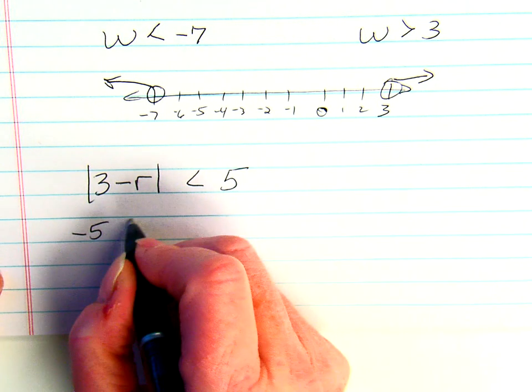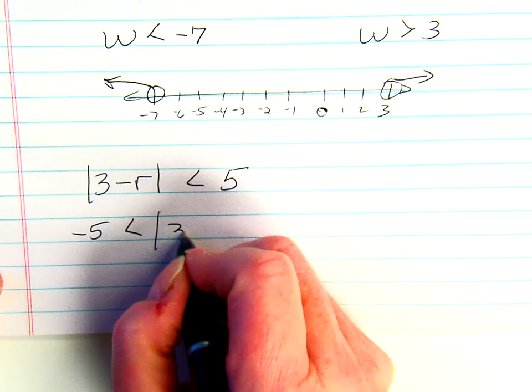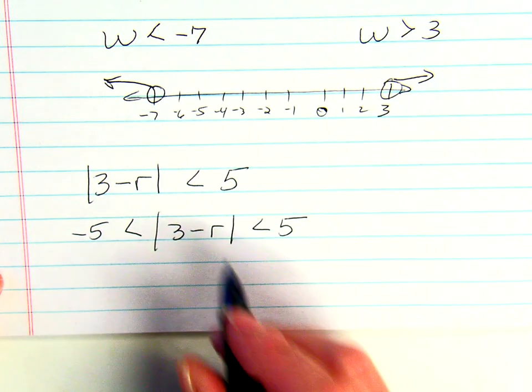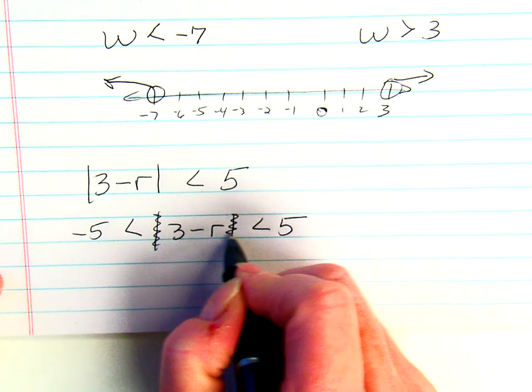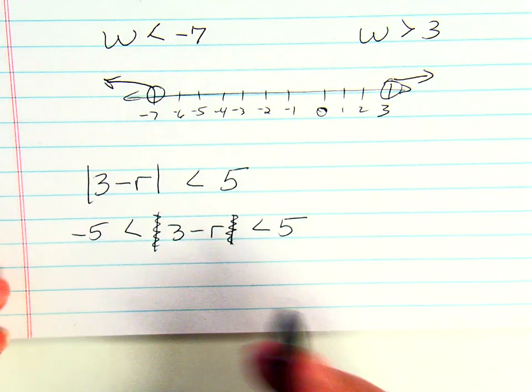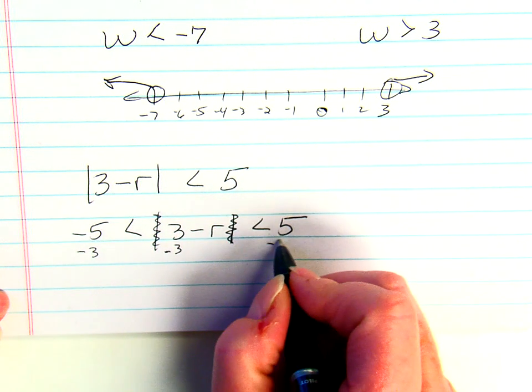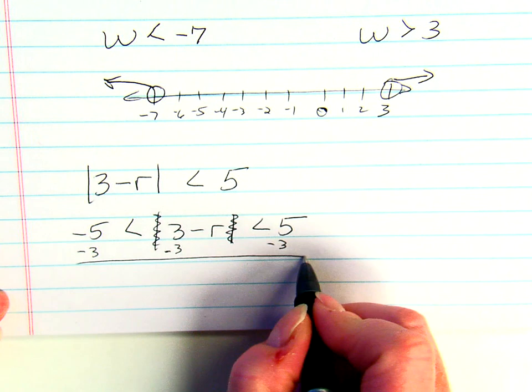Now what we're looking at is -5 less than 3 minus R less than 5. Oops, sorry, I didn't need those in there. Okay, I'm going to subtract 3 from each part.